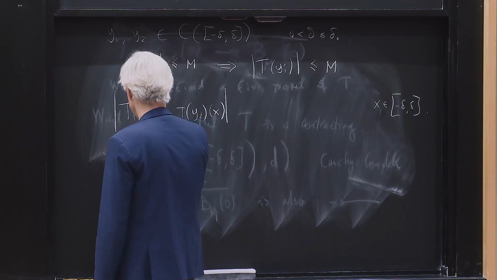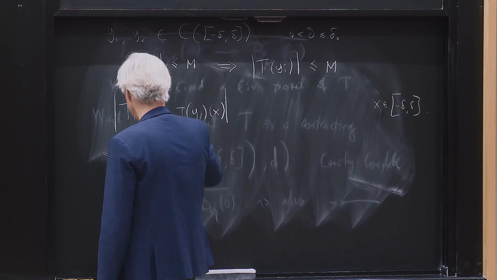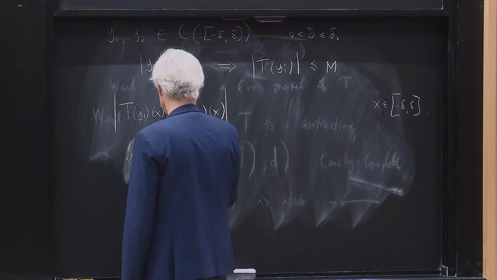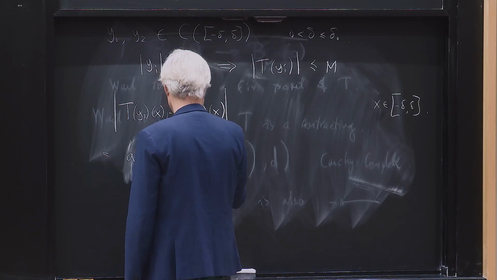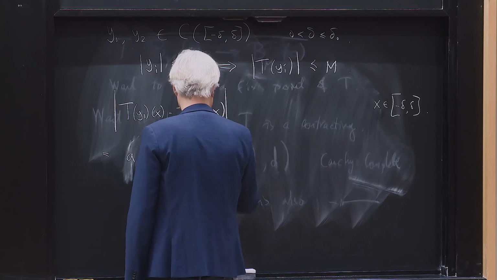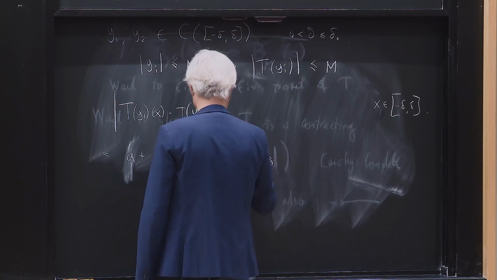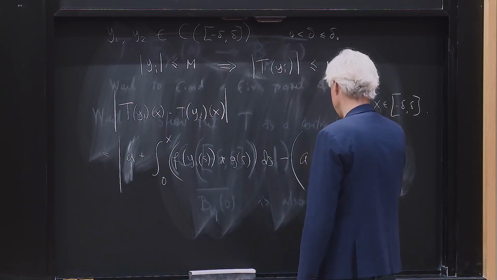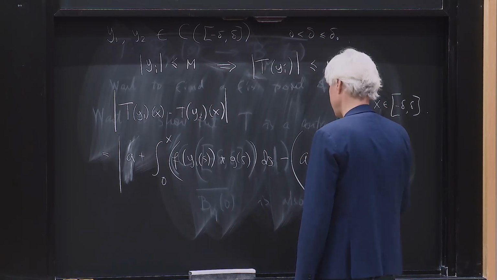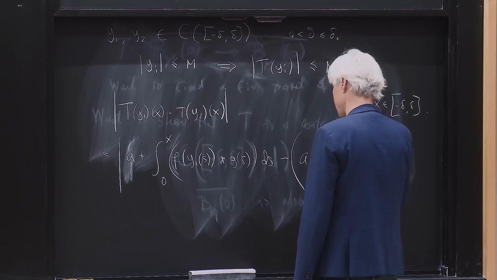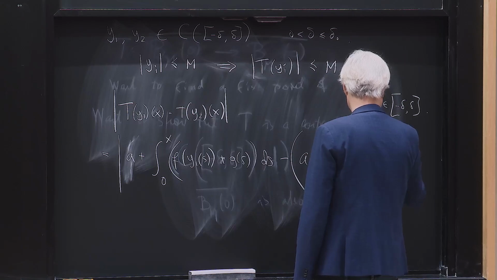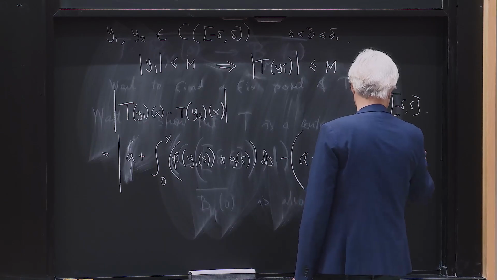The map here is a plus the integral from 0 to x of f of y1 s plus g of s ds, minus a plus the integral from 0 to x of f of y2 s plus g of s ds.